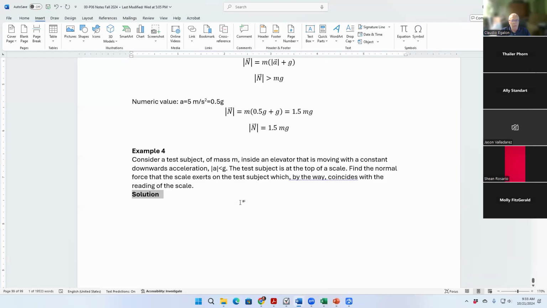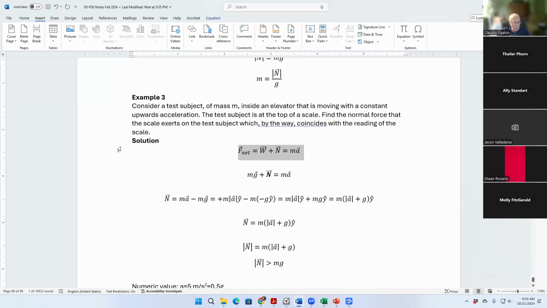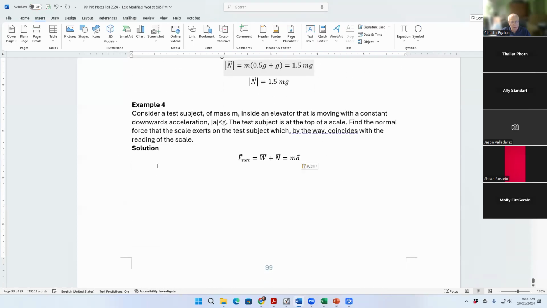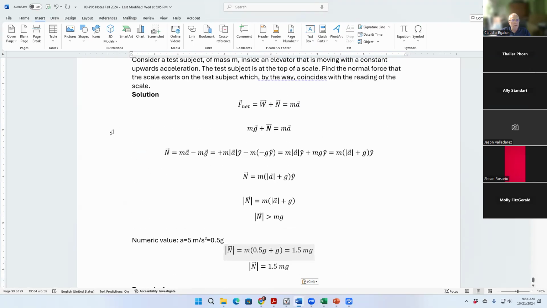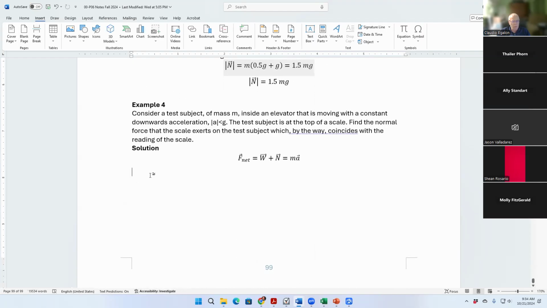So the situation is the same as before. We're going to repeat almost everything that we did in the previous example, okay? So here you go. Net force, weight plus normal equal to ma. Okay, the only difference now is going to be the sign compared to the previous problem. mg plus N is ma.